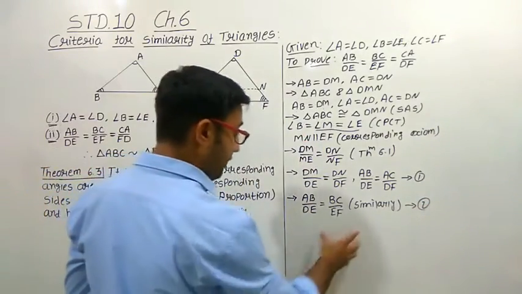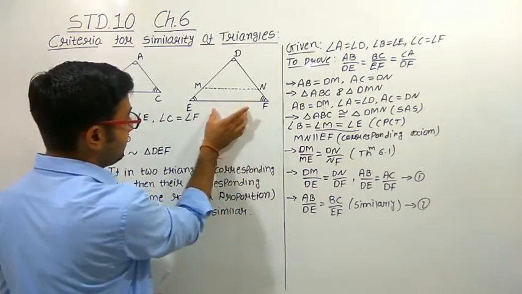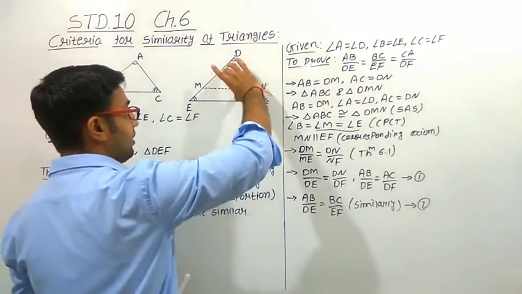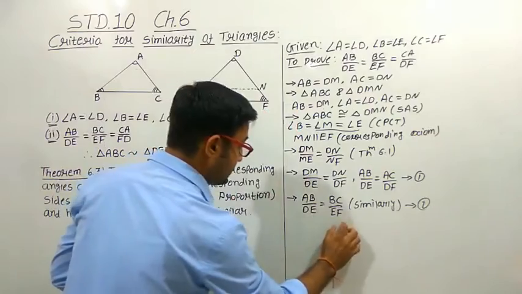So how can we write this similarly? Here we took DM, which is parallel to EF. We can take this MN, which is parallel to DF, and then we get this result.